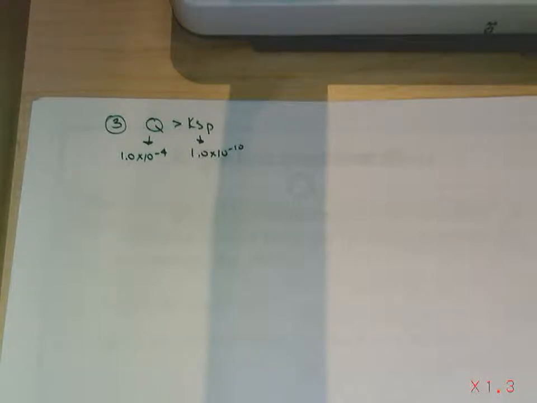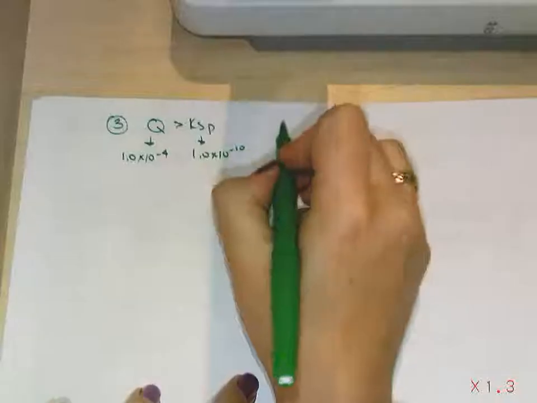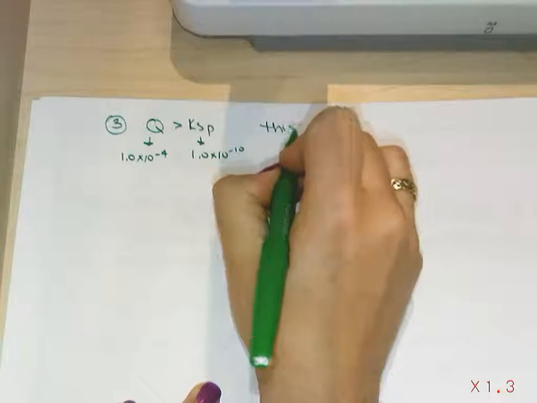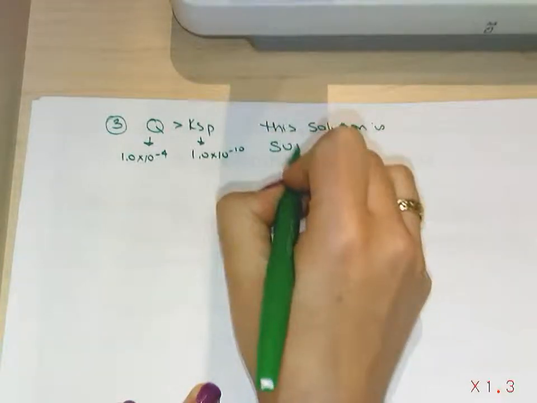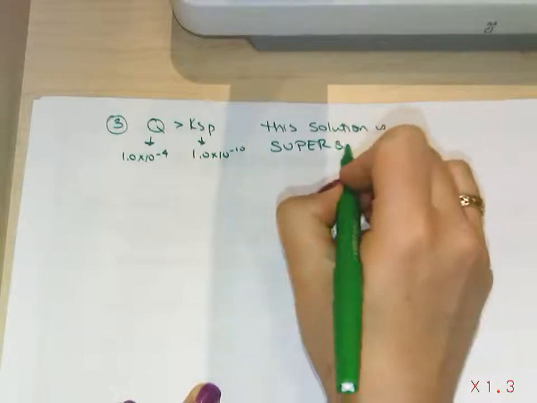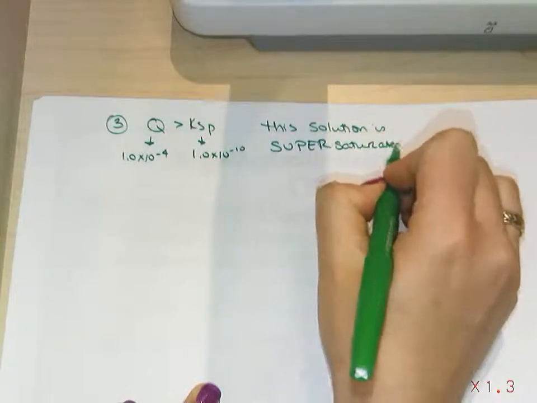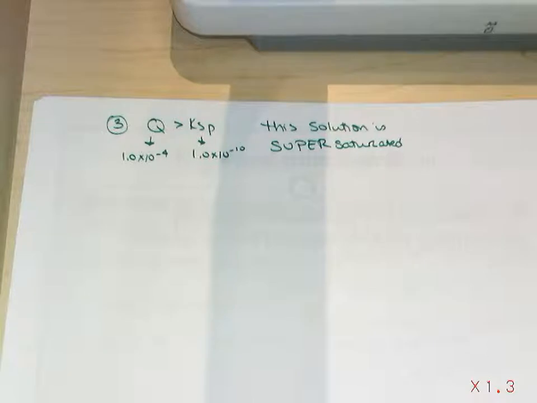When you put a common ion in there, you can get to the point of oversaturation. And that's the actual technical term. It's supersaturated. So you can either be undersaturated, saturated, or supersaturated.